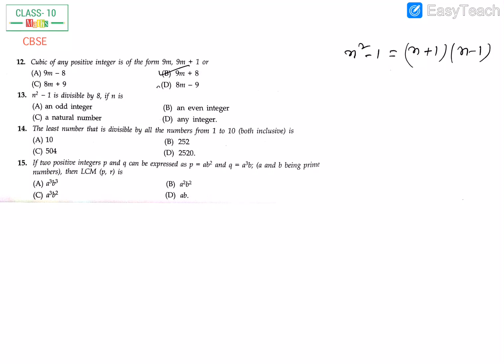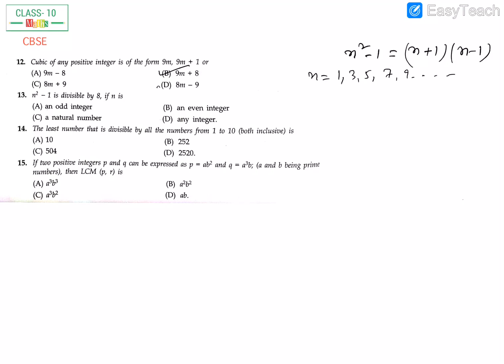Now proceeding from the given options, let us take n as an odd integer, means taking n as 1, 3, 5, 7, 9 like this.